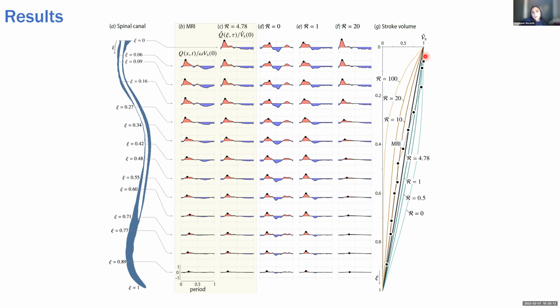So the dots correspond to the MRI measurements and then the lines to different values of R. So clearly, R on the order of unity corresponds closer to what we measure than anything else.